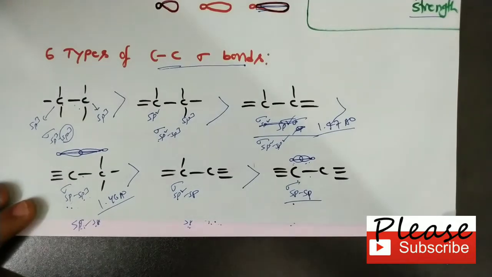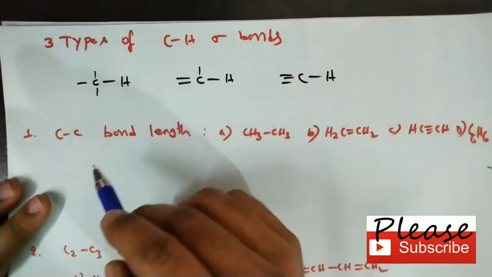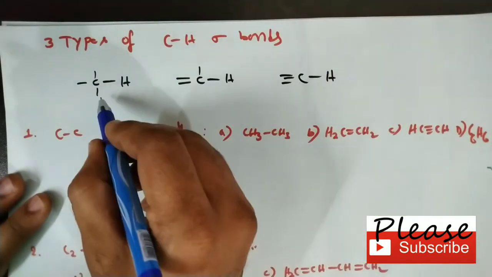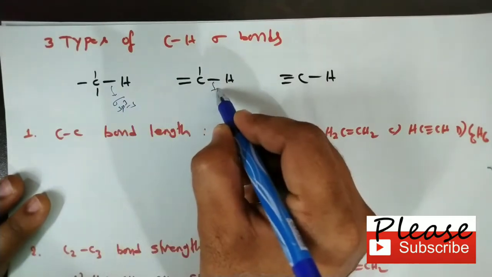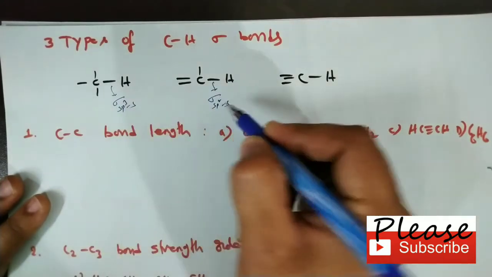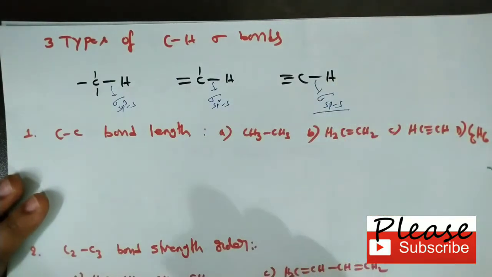Similarly, there are three types of carbon-hydrogen bonds based on the hybridization of the carbon. Here this is the sigma sp3-s bond, this is the sigma sp2-s bond, and this is the sigma sp-s bond.